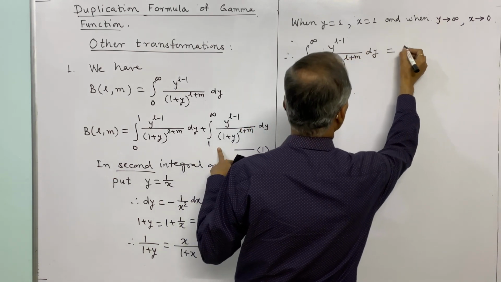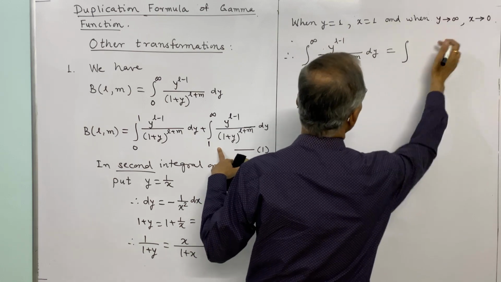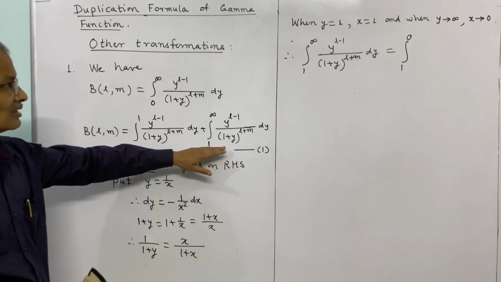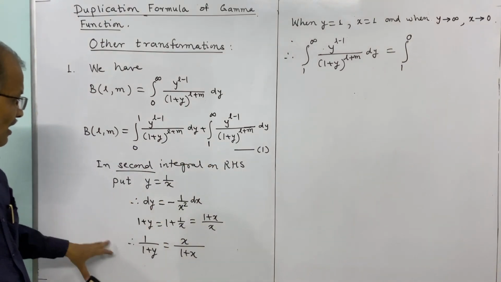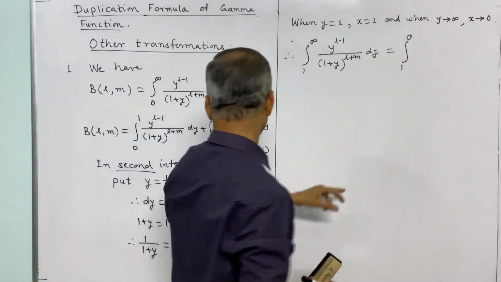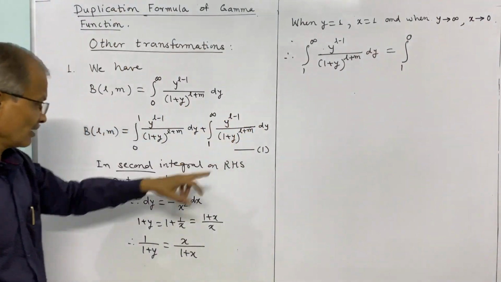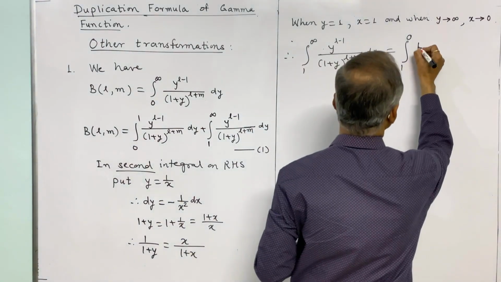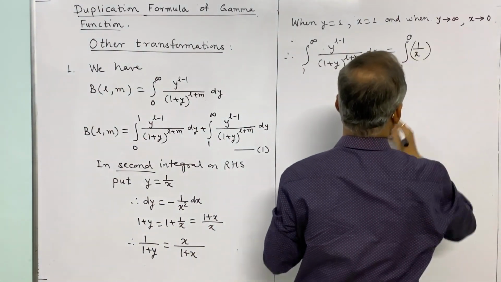Now new limits are 1 to 0, as we are using the substitution. So this second integral now has limits 1 to 0, and y to the power L minus 1, with y equal to 1 by x, becomes 1 by x to the power L minus 1.